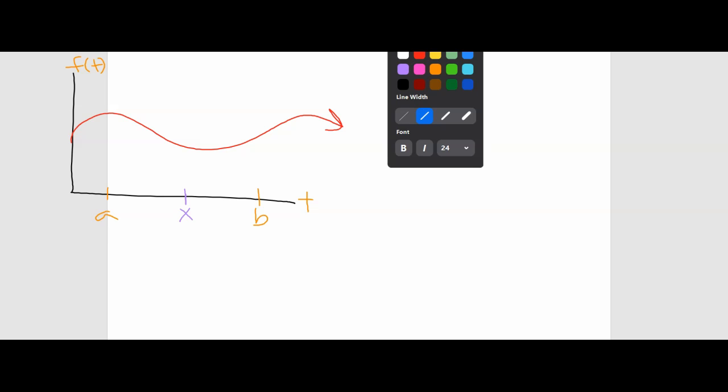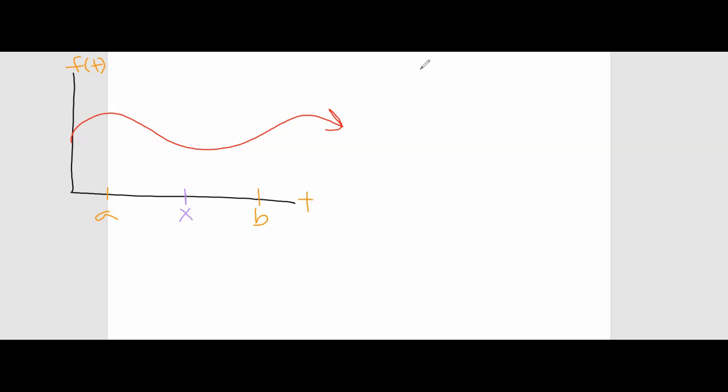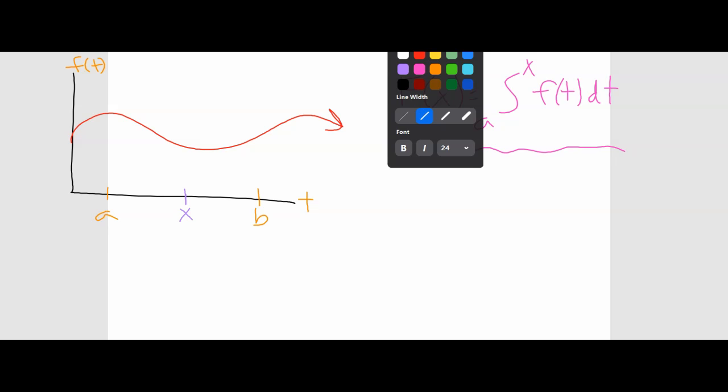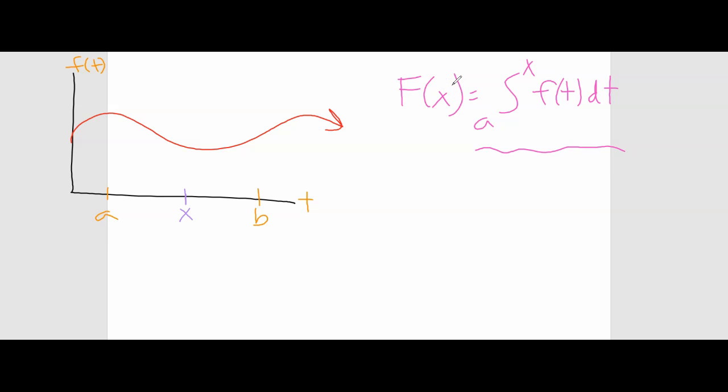Well, we know that f here is continuous on a to b based on the graph. And then I defined this function capital F of x as being equal to the integral from a to x of f of t dt. So just take a minute. What does this represent in terms of the graph? Well, this just represents the area underneath the curve from a to x.